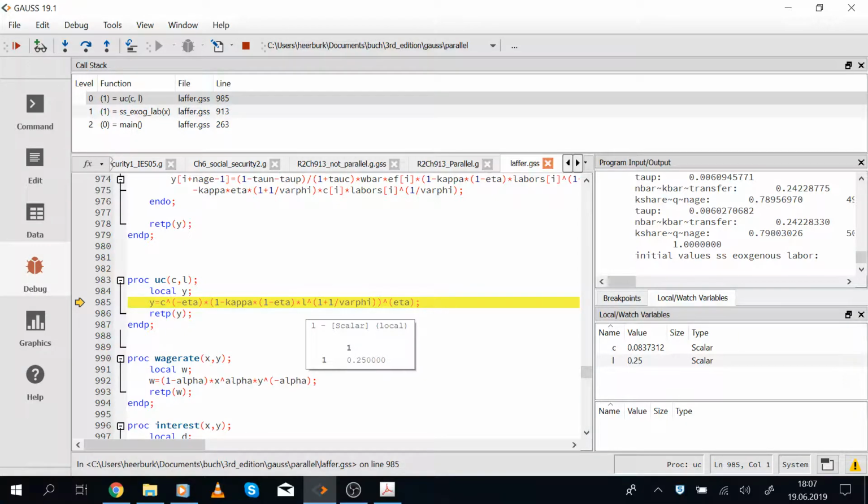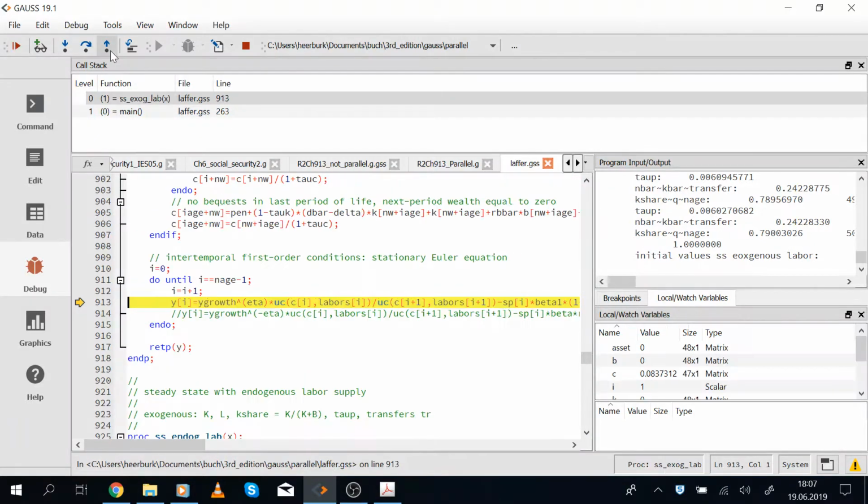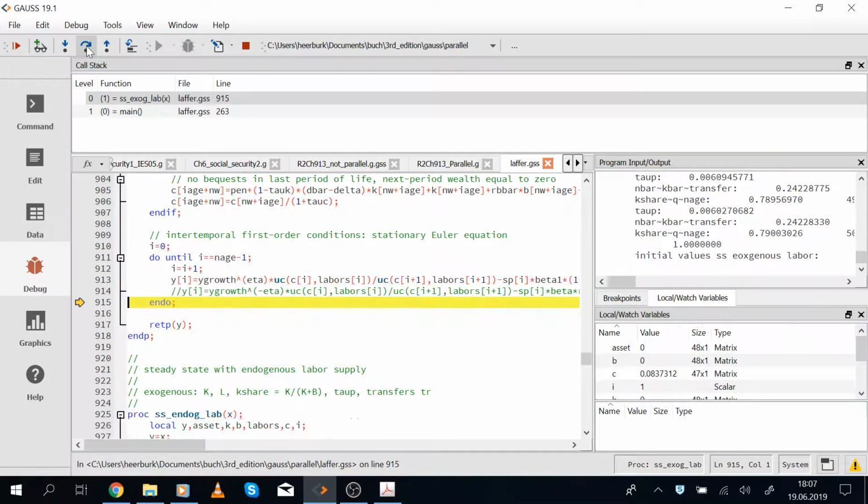This instantaneous utility function, specified here as a marginal utility from consumption, is taken from Trabandt and Uhlig, as explained in the slides. It has the neat feature of a constant Frisch elasticity, and the utility function is in accordance with long-run growth. So let's step out of the procedure.